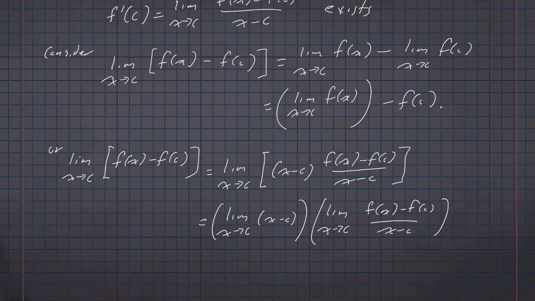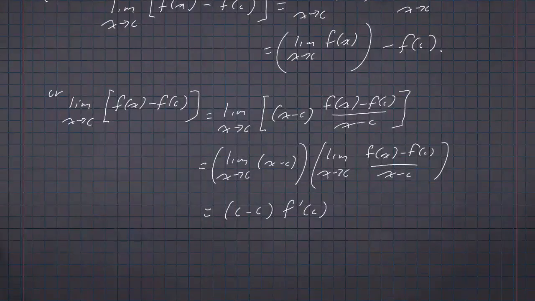And the limit as x approaches c of x minus c is going to be c minus c. And the limit as x approaches c of f of x minus f of c all over x minus c, that's the definition of the derivative. So that's f prime of c. And that gives me 0.